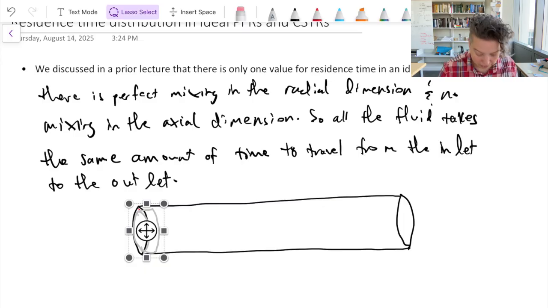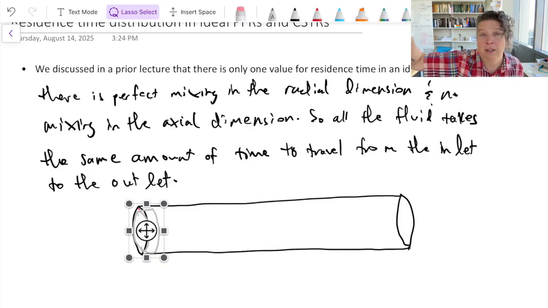once the fluid enters the reactor, it basically enters into some volume slice. I've drawn a finite volume slice here, but in reality it would be an infinitesimally small volume slice. And whenever it enters, it basically stays in that volume slice. Of course, it's going to react as it goes down the length of the reactor, but it's not going to diffuse, for example, into the next volume slice.